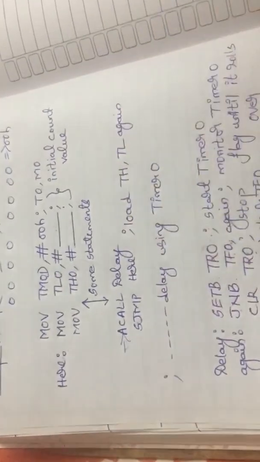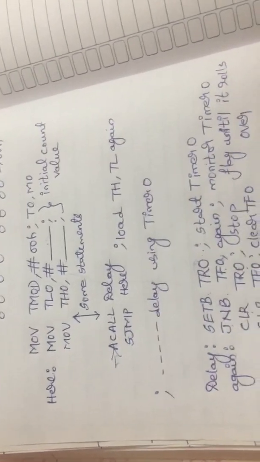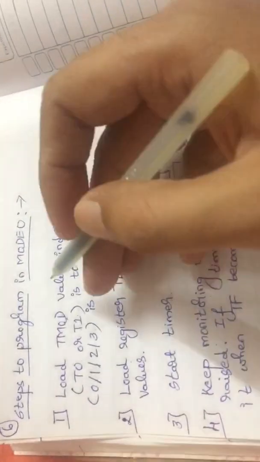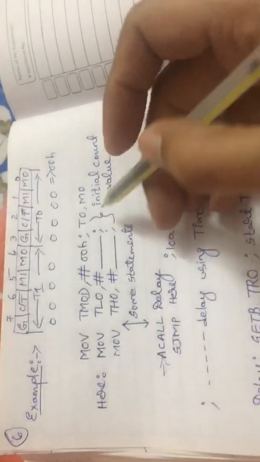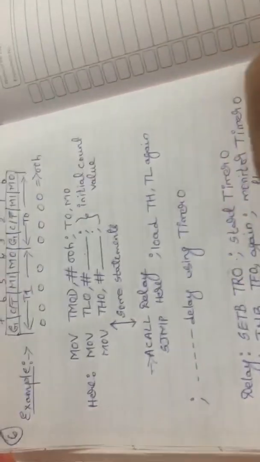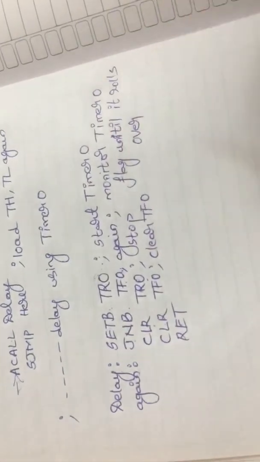So this is about mode 0, right? This is the block diagram that we need to explain, and these are the steps to program in mode 0. We need to write these, and this is one example of how we can write the instructions for mode 0, right? Thank you.